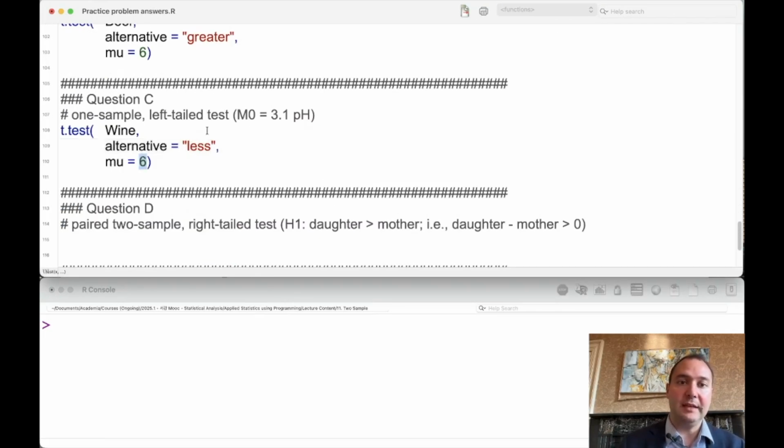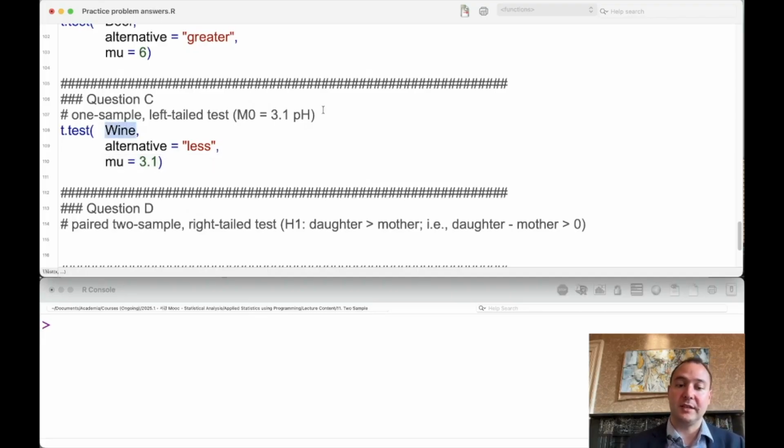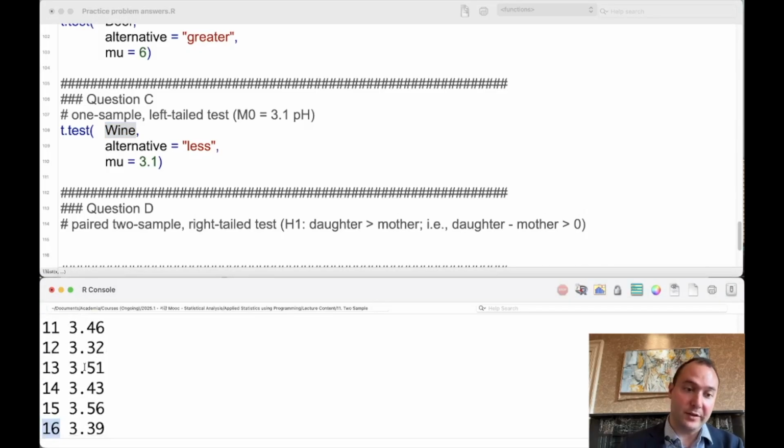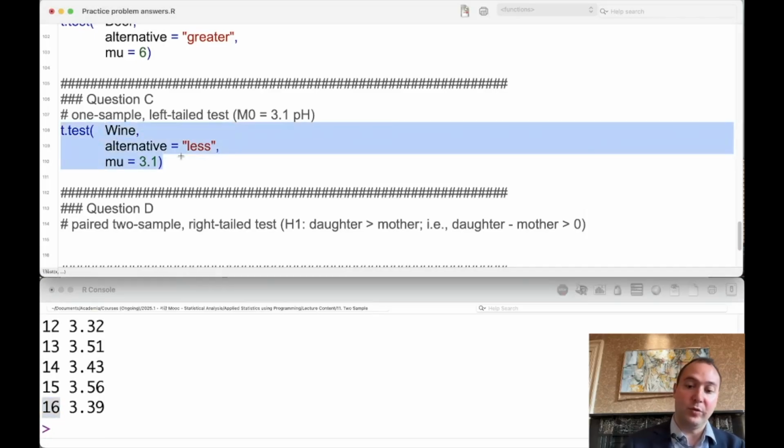And our mean is 3.1. This is the benchmark. This is our mu0 that we're worried the wine might go below. So using our data, I'm just going to check our data, run. This is what our data looks like. We have 16 bottles of wine, and we have the pH levels of all of those bottles right here. Let's check if that pH level has gone below 3.1.